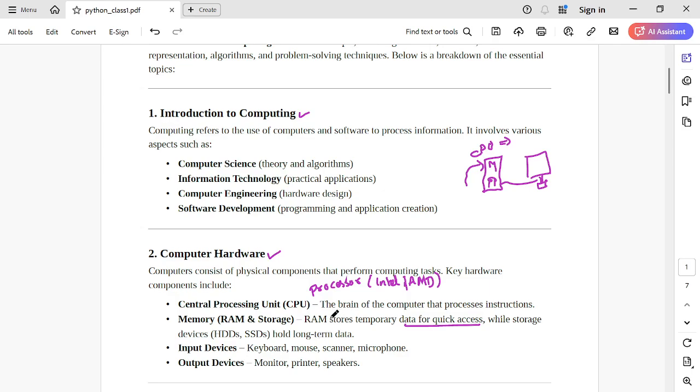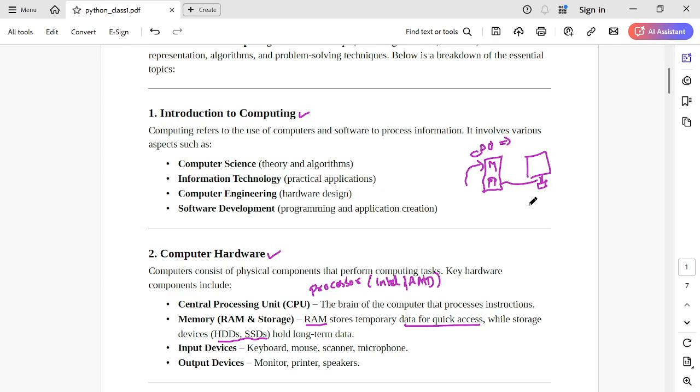Volatile means once you switch off the system, the content in the memory vanishes. The hard disk is non-volatile: even though you switch off the system, the data remains available. That's the difference between primary and secondary memory. An example of primary memory is RAM, and examples of secondary memory are HDD and SSD. Next we will move on to the input devices.